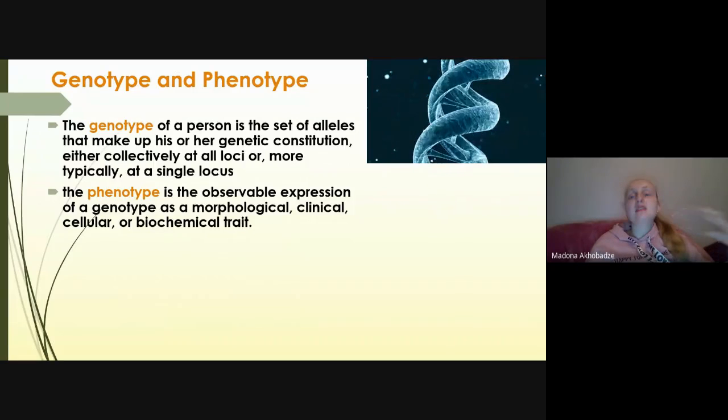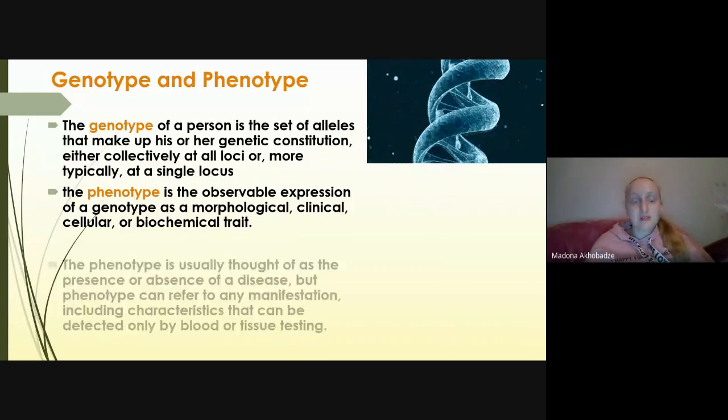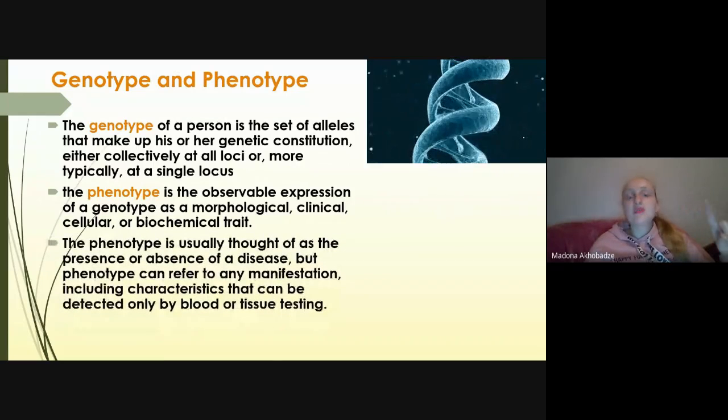It doesn't necessarily mean something observed by the eyes, but could be changes in the blood count or laboratory changes. These also count as the phenotype. Phenotype is usually thought of as the presence or the absence of the disease, a manifestation of the genotype. So any expression of the genotype is called a phenotype.